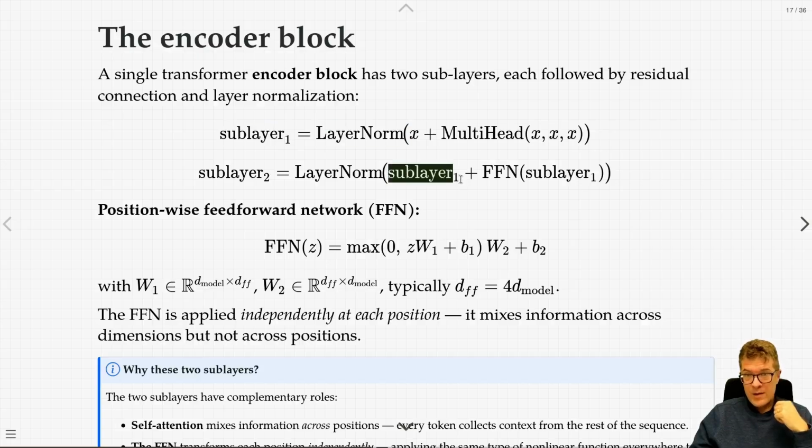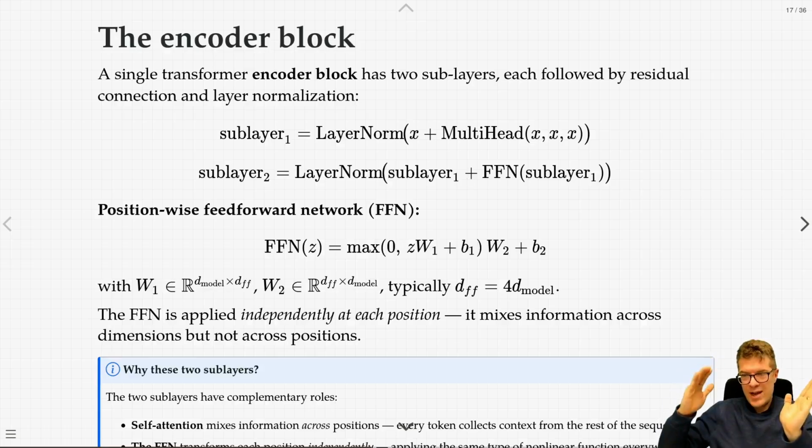Then sublayer 1 will be combined with a feedforward network that takes as input sublayer 1, and then is passed through a layer norm. This is the residual connection I mentioned a moment ago. So sublayer 1 can pass through a FFN this way and pass straight ahead through a residual connection to a layer norm, and all of that forms sublayer 2. I'll show this visually in a moment in case that's not clear.